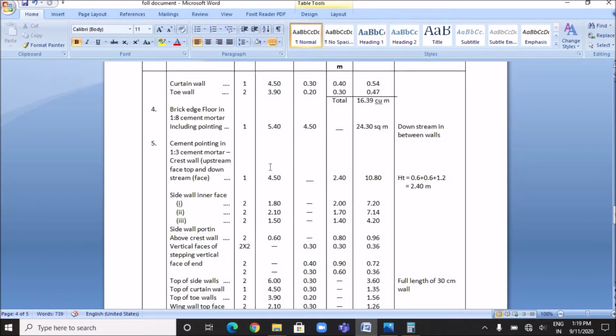And next, the cement pointing work is to be done in the crest wall portion and side wall portion. So let's see those work one by one.